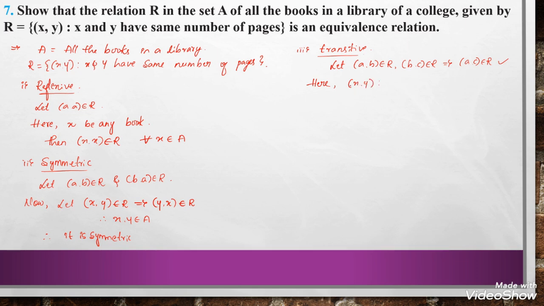X and Y having the same number of pages belongs to R. Similarly, I will consider another book Y and also Z. Y and Z having the same number of pages also belongs to the relation R. Then if X and Y have the same pages and Y and Z have the same pages, then of course X and Z are also books having the same number of pages, for every book X, Y, Z in a library. Then the condition is also satisfied.